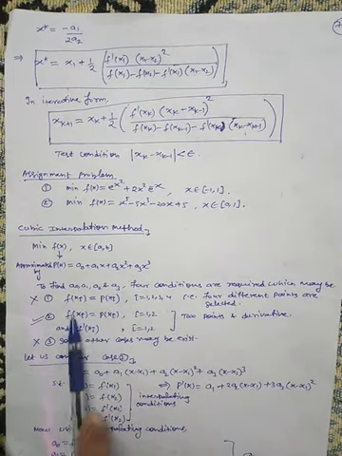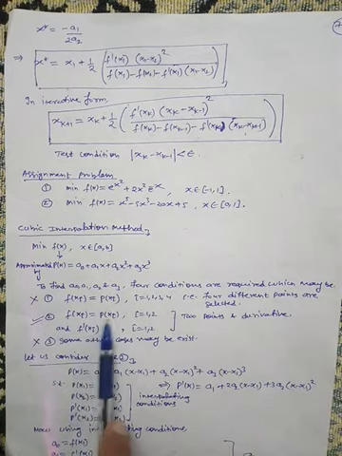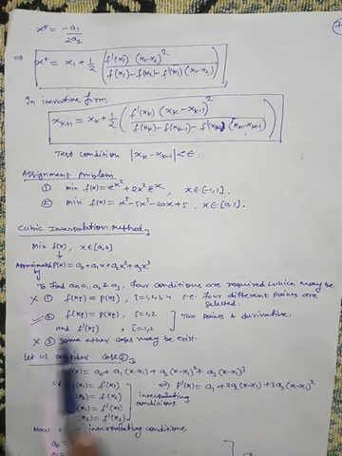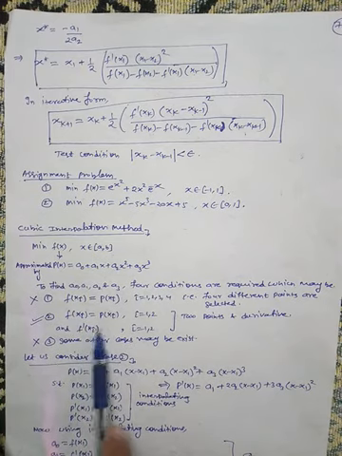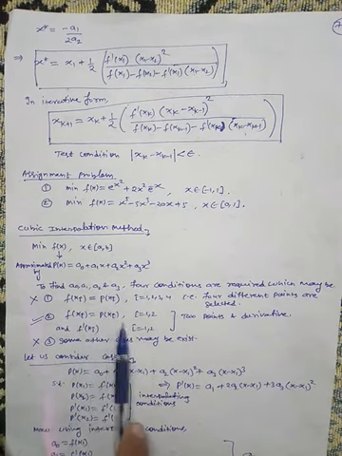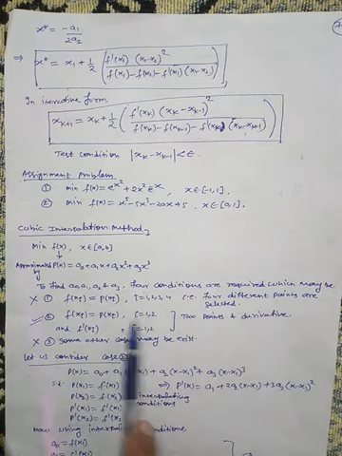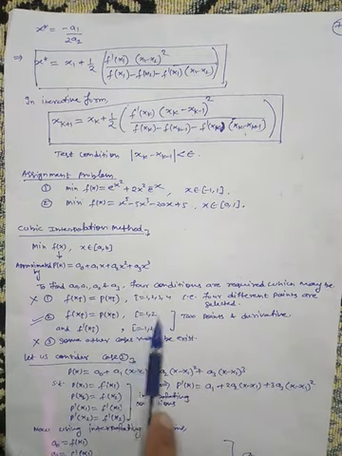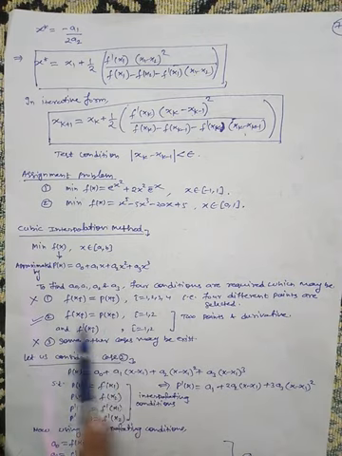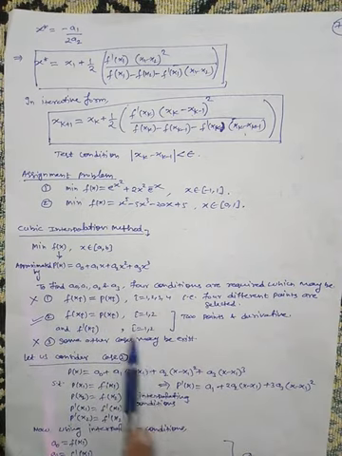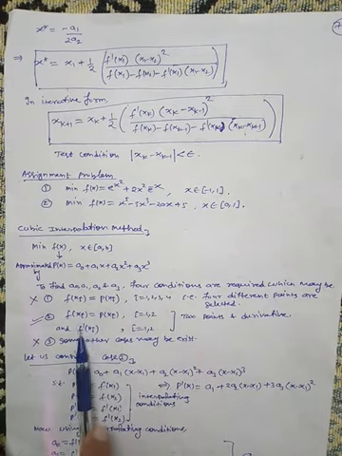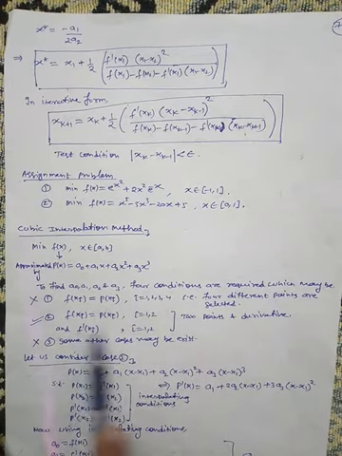In the second condition, f of xi is equal to p of xi and f dash of xi is equal to p dash of xi, where i is 1 to 2. If you put i equal to 1 and 2 in the first, we will have 2 conditions, and putting i equal to 1 and 2 in the derivative one, again 2 conditions.